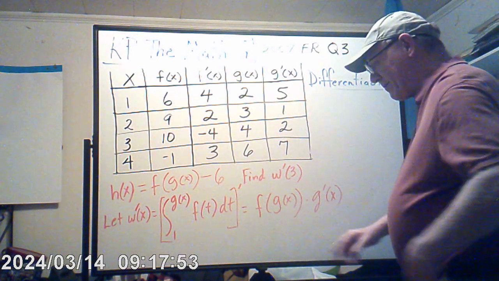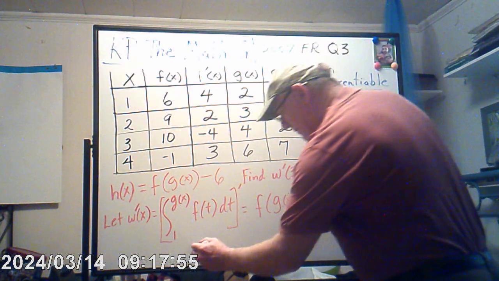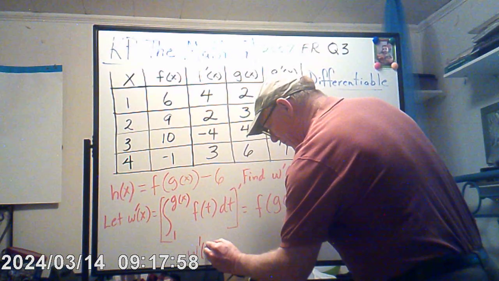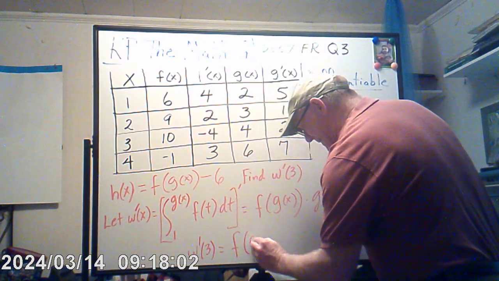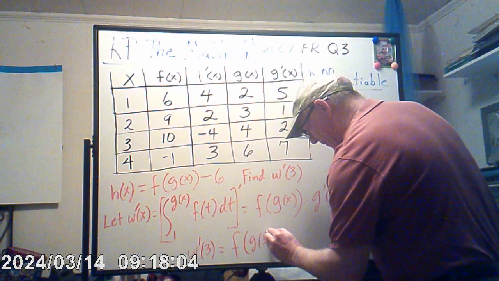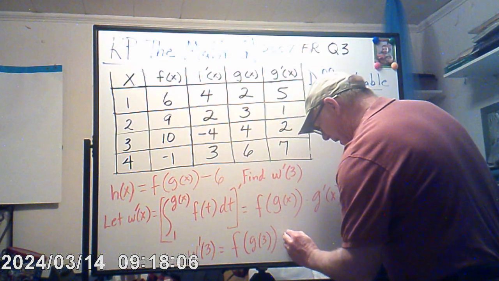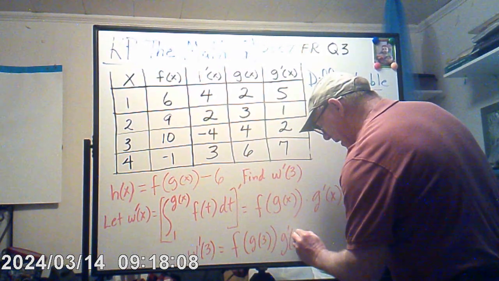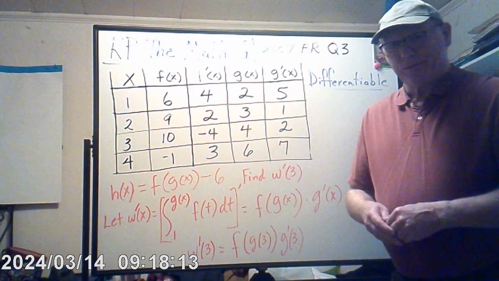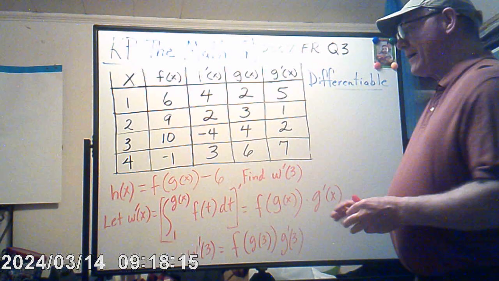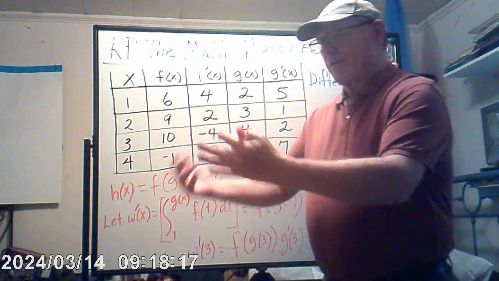Now I can deal with W prime at 3, which equals F at G at 3 times G prime at 3. All right. I knew you would like this, but I love every part of this problem.